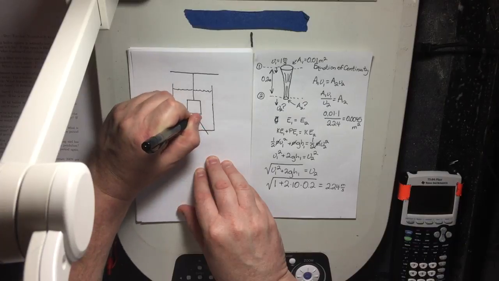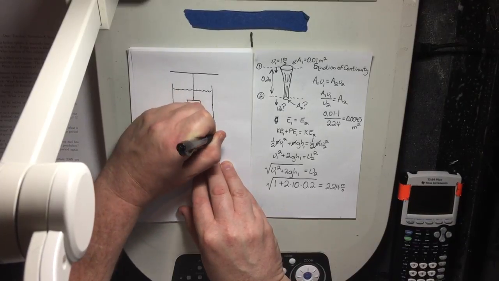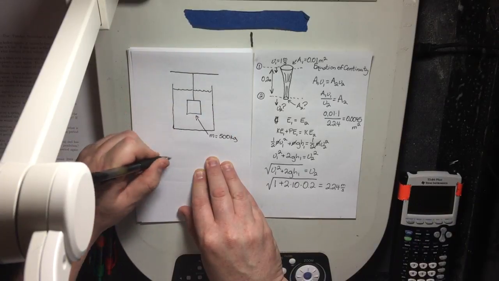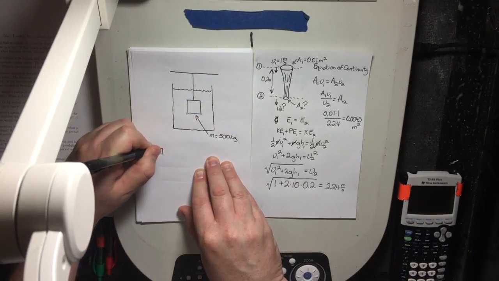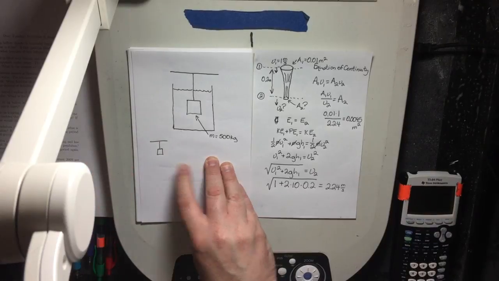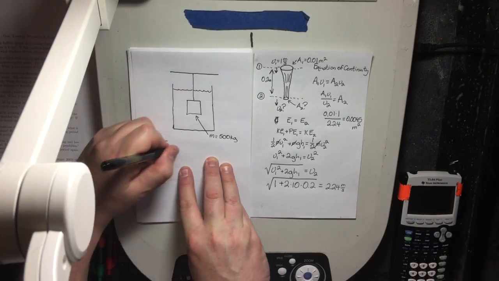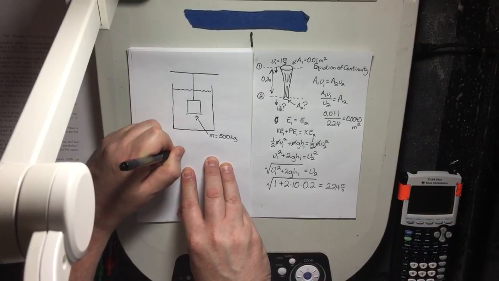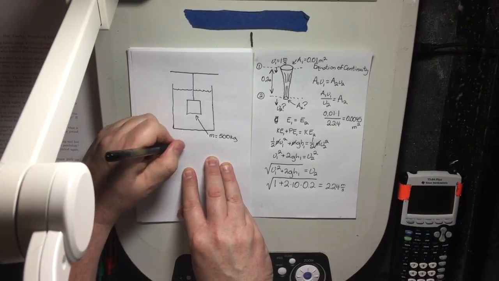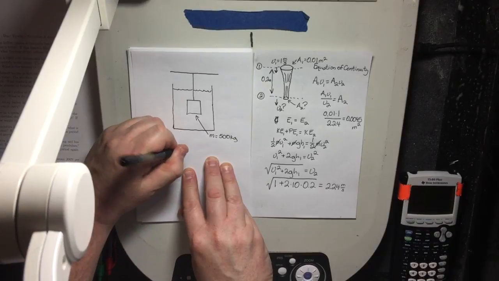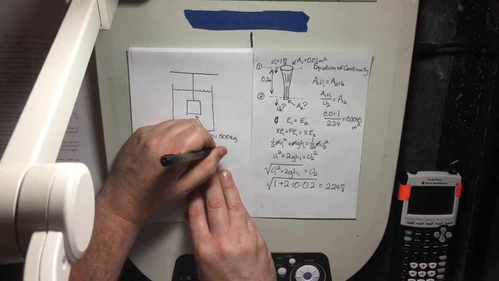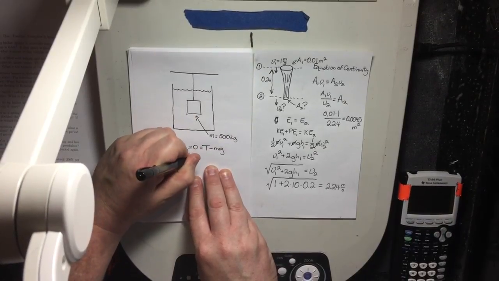If this had a mass of 500 kilograms, if it was completely out of water, that tension would equal the mg, because the sum of the forces in y is equal to 0. That is tension up minus mg down, so tension is equal to mg.